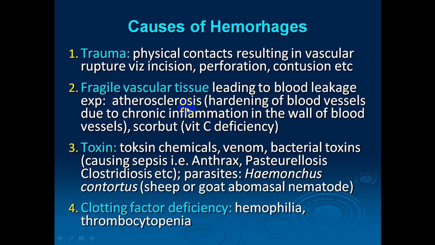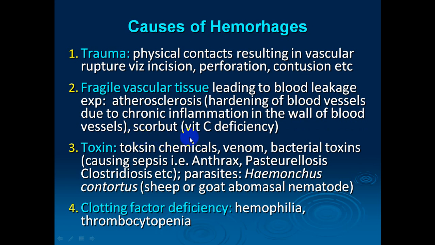This happens because there is chronic inflammation in the wall of blood vessels, initiated by the accumulation of fats just under the endothelial cells. The chronic inflammation causes fibrosis, and then it breaks the integrity of the blood vessel and causes hemorrhages.